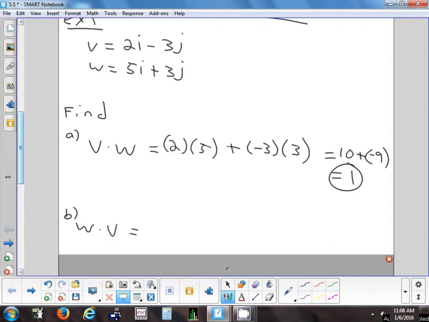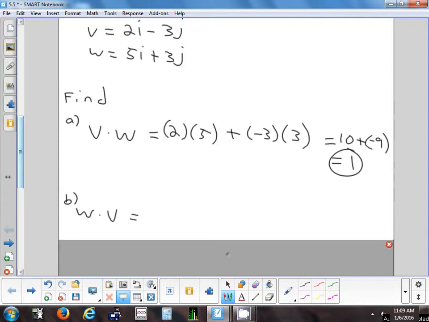Now let's try w dot v. What property do you think I'm checking to see if it works here? What's that property when you switch the order? Distributive. No, not distributive, not associative. What does it start with? C? Commutative.